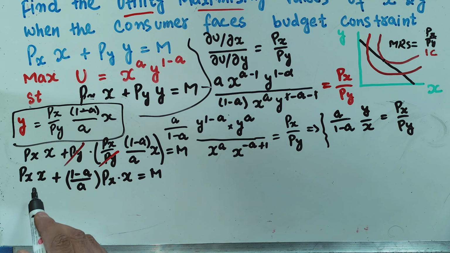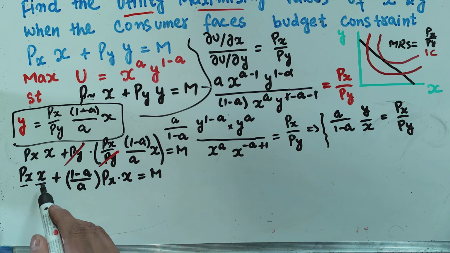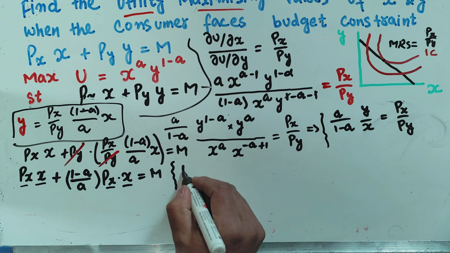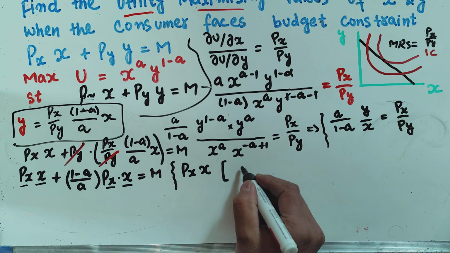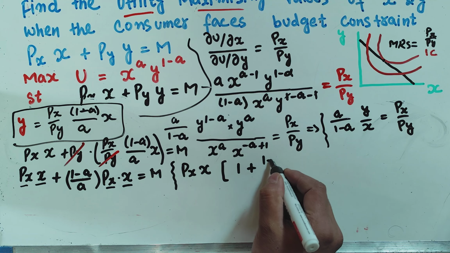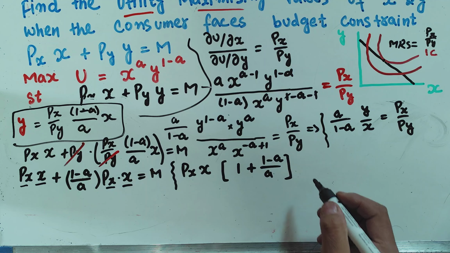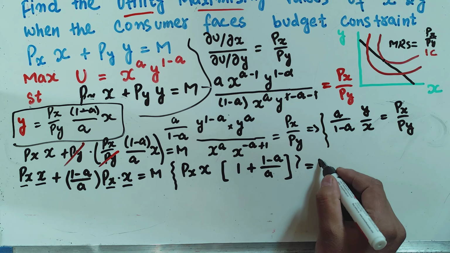Let us take p of x and x common, so we are left with p of x into x, and here we are left with 1 plus 1 minus a divided by a, should be equal to the income.